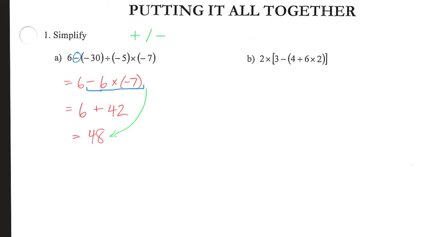That's my only subtraction operation in the expression, and that blue circled subtraction sign separates this into two terms. I have the 6, which is one term, and then I have this big ugly term in the end. So I can't touch that blue circled subtraction operation until I've simplified both my terms.